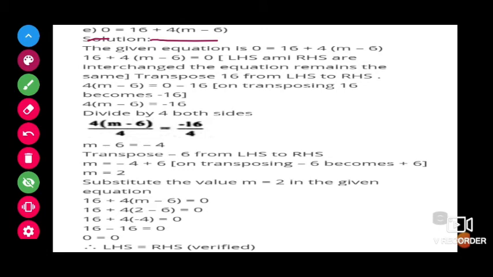Now we will get 16 plus 4 into (m minus 6) equals 0. Here plus 16 I am having, so send that plus 16 to that side. We will get minus 16. So the remaining 4 into (m minus 6) is equal to 0 minus 16, which means minus 16.